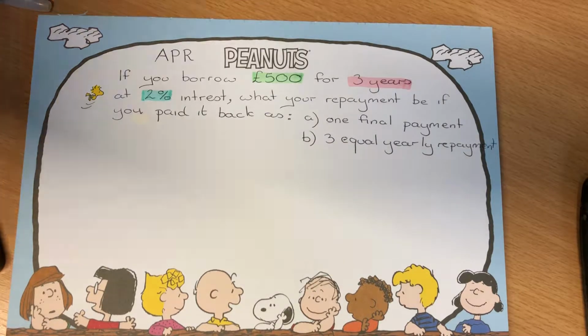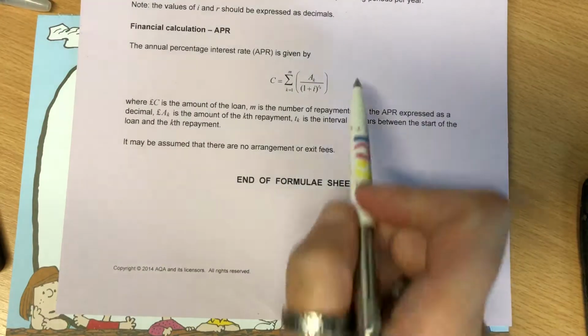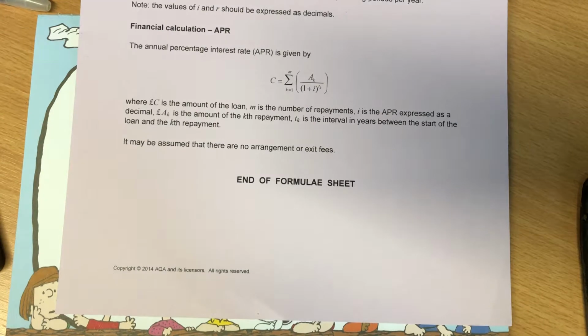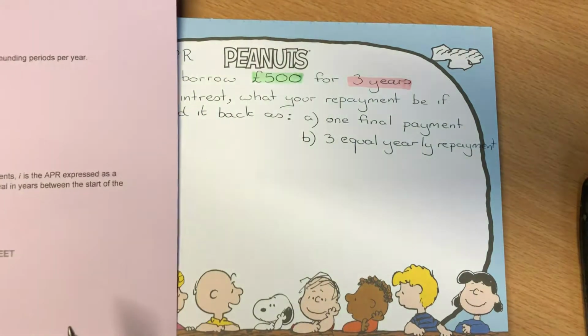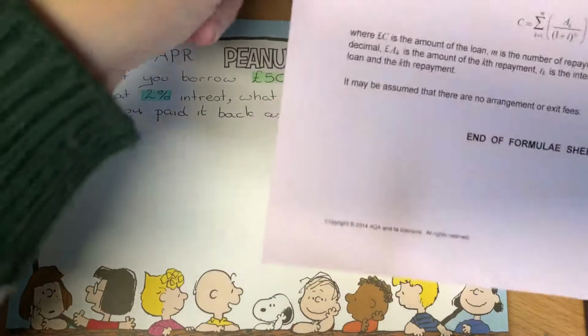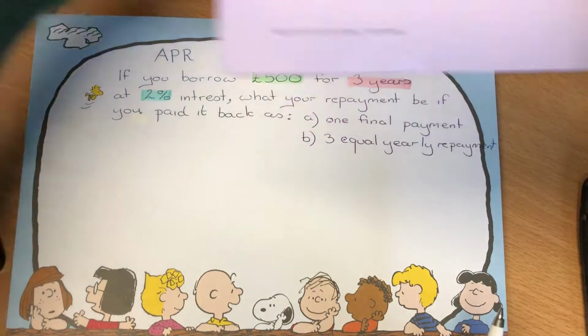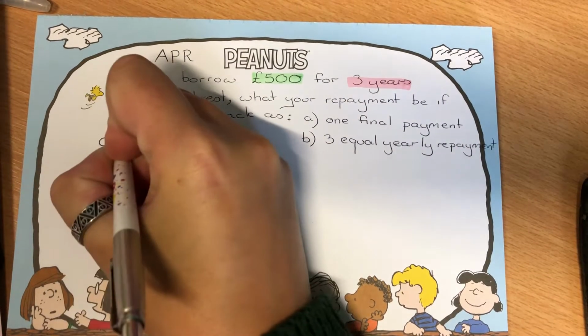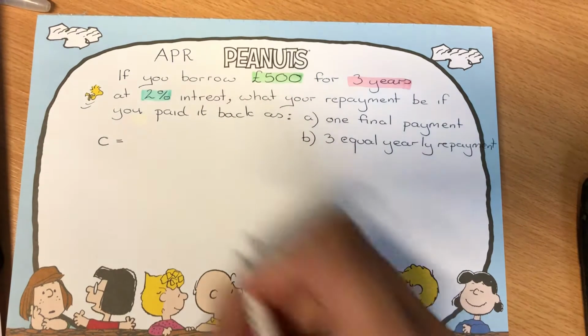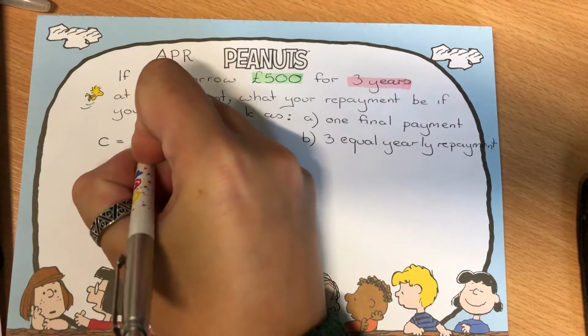So we get given this formula in the exam. So it's a thing you have to know how to use rather than to have learnt. So if we start off, then we've got C, which is the amount we borrowed, which is our £500.